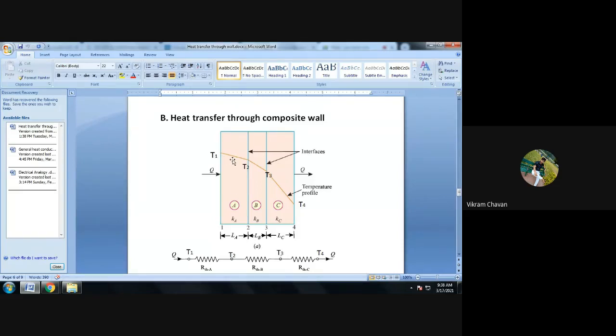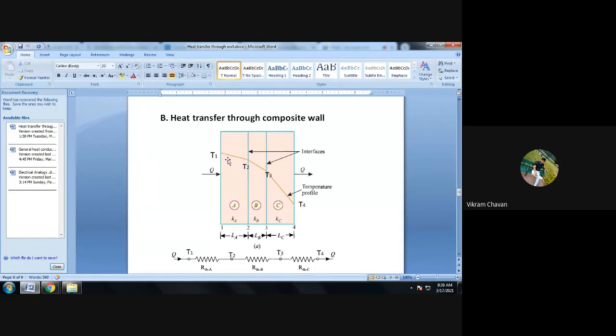This wall is made up of one material, so the thermal conductivity of wall A is constant as k suffix A, so we will get a linear temperature profile, a straight line, for a single wall.